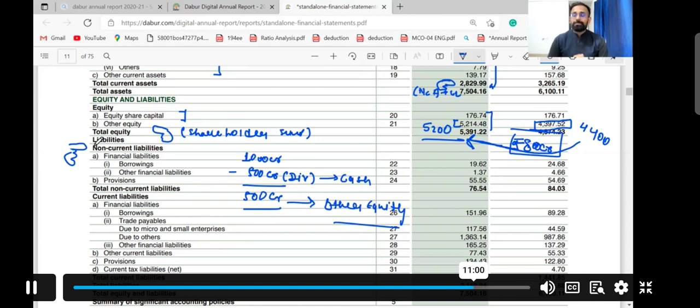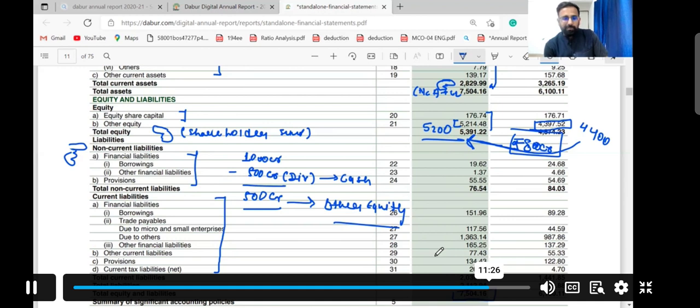And if a liability is payable within 1 year, that is going to be your current liability. So on the non-current liability side, we will be recording those liabilities which have to be repaid after 1 year. You can see here the non-current liability items are given. Then in current liabilities, we will record those items which are to be repaid within a year. So here we will be doing the total of liabilities.